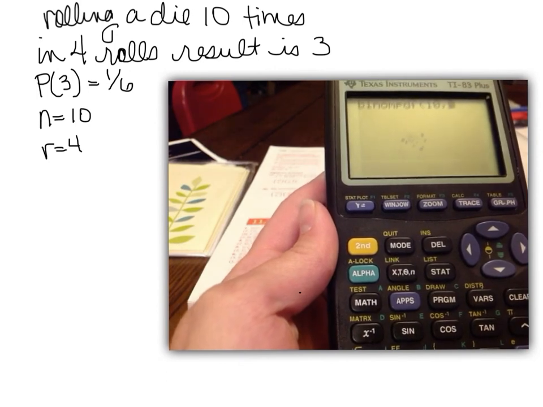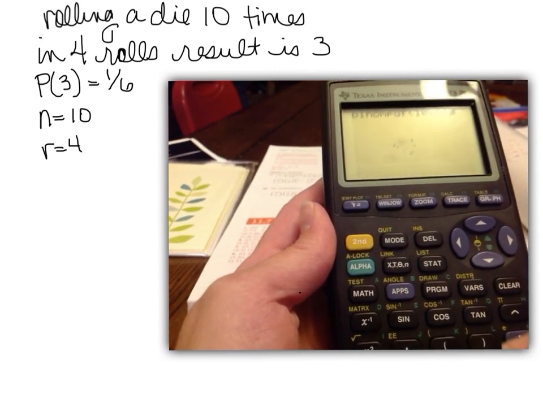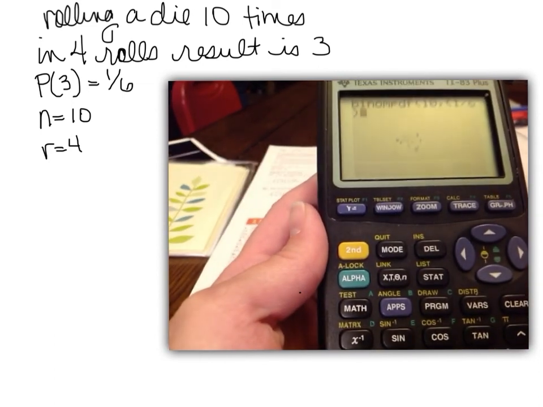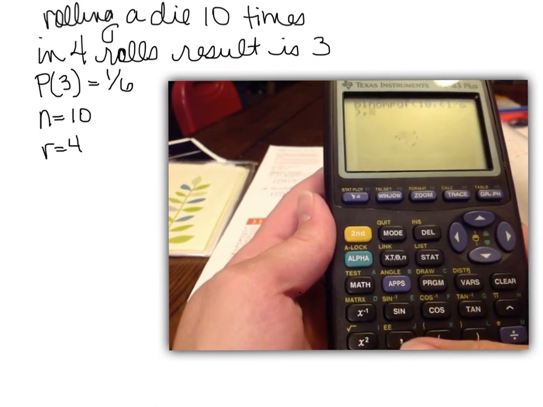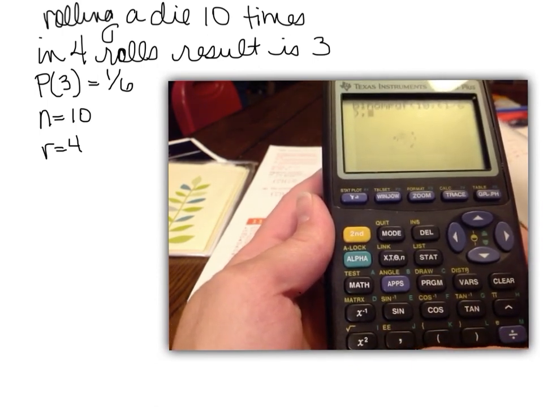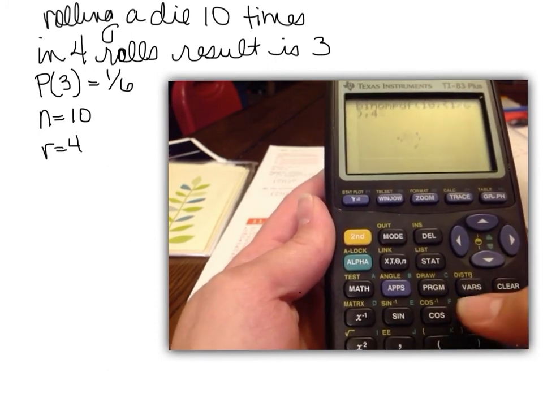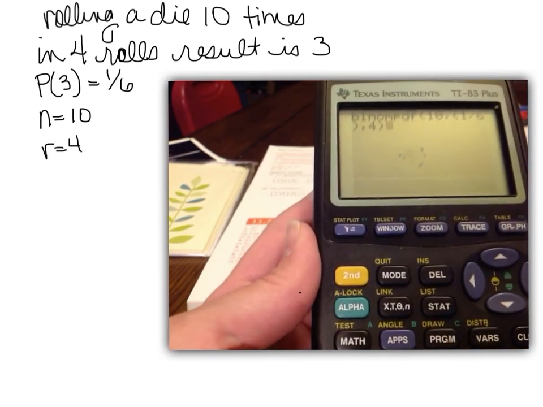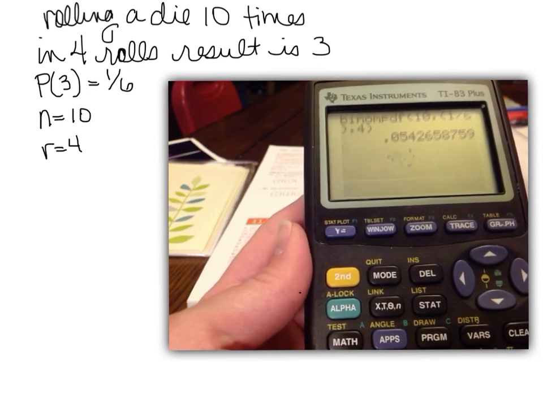The next thing you're going to enter is your probability, so in this case it's 1/6. We're going to keep that in parentheses, and then another comma. And then the last number you're going to enter is the R number, the exact number of rolls that you're looking for. Close your parentheses. And that's going to give you your probability.